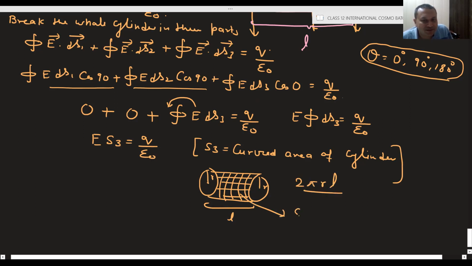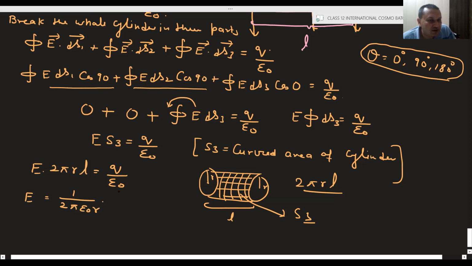This is what? This is s3. Now put the value of s3, e into 2 pi r l equals q upon epsilon naught, e equals to 1 upon 2 pi epsilon naught r into q upon L.